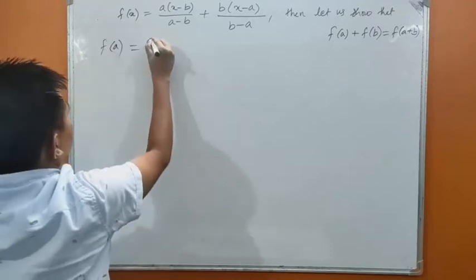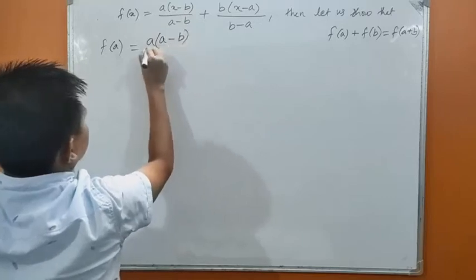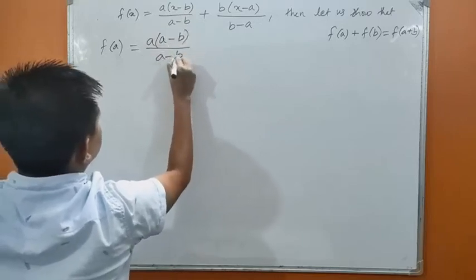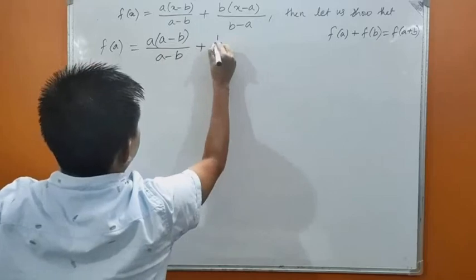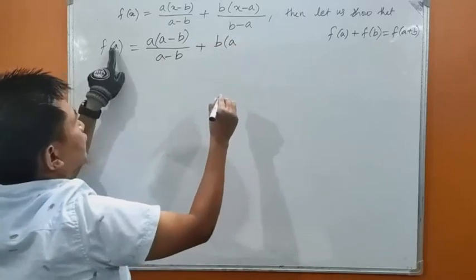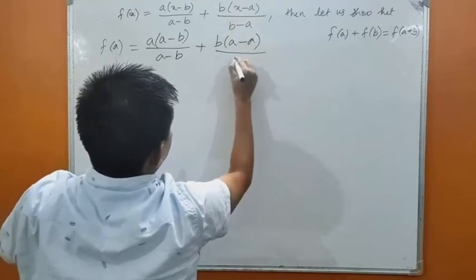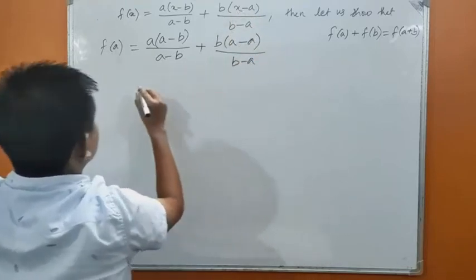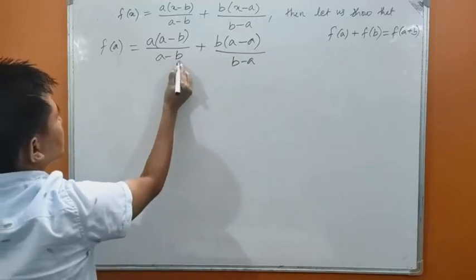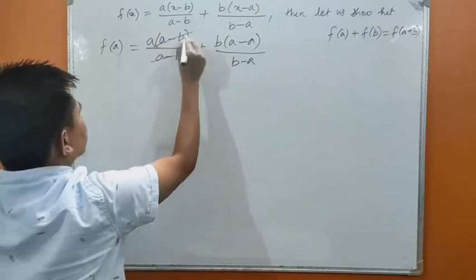Okay, a minus b, divided by a minus b plus b. X means a, because we are finding f(a), isn't it? x means a minus a upon b minus a. So this a minus b is in the denominator and a minus b in the numerator, so a minus b and a minus b can be cancelled.